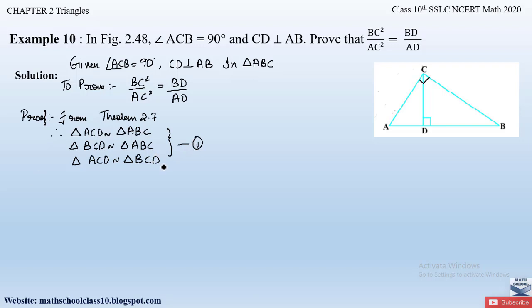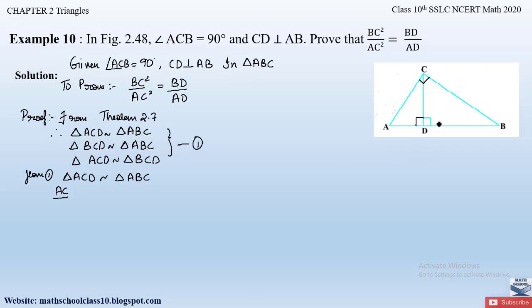Since the triangles are similar here, now let us write down the corresponding ratios of the similar triangles. From 1, we will take the first similar triangles, that is triangle ACD similar to triangle ABC. The side opposite the right angle is the hypotenuse. In triangle ACD, this is the right angle, and the side opposite this right angle is AC, which is the hypotenuse.